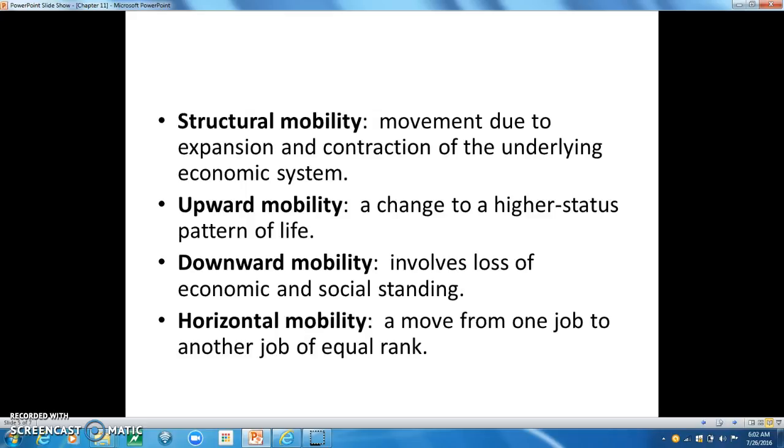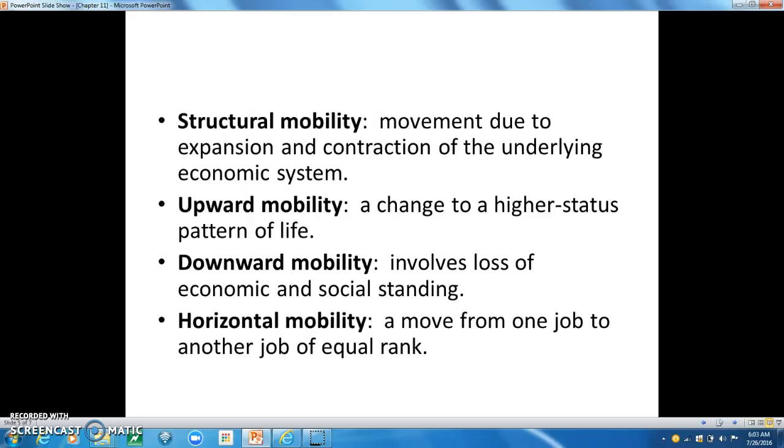This is a change to a higher status pattern of life. Unfortunately, not all mobility is upward. We do have downward mobility, which involves loss of economic and social standing. It is certainly a problem for families and individuals at all levels of the class structure in the United States and elsewhere.